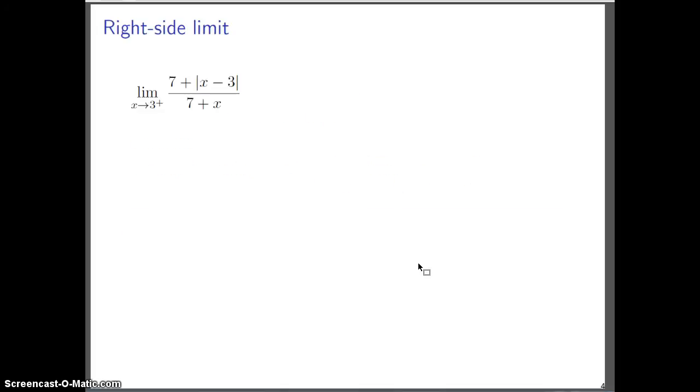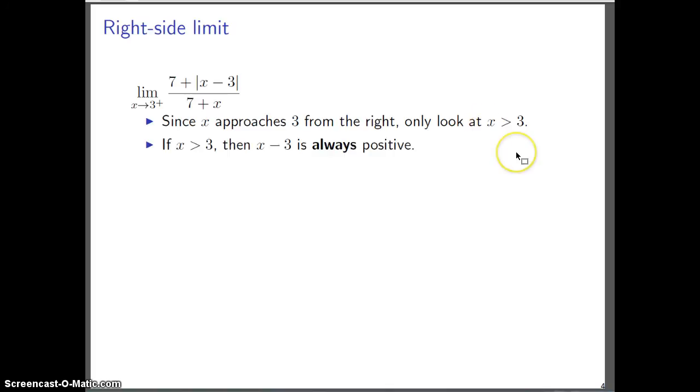So let's do that. For this particular problem, it'll be easier to focus on the right side limit first. Here it is. This is just the original limit problem from the previous slide, but with a plus sign there. Since x is going close to 3, but we're only looking at x values to the right of 3, we're only looking at x values which are bigger than 3.